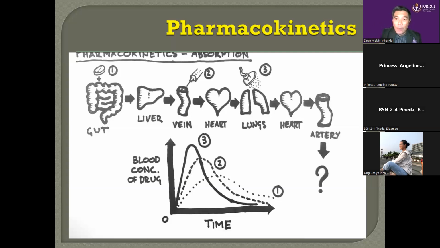Anything that reaches the plasma is already at maximum concentration level. Unlike for the lungs, which have a shorter pace to reach the systemic circulation, it reaches a higher peak concentration level in a shorter time, simply because it has reached the plasma and systemic circulation.